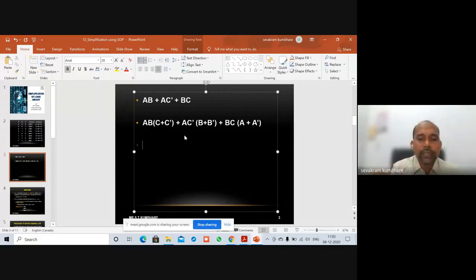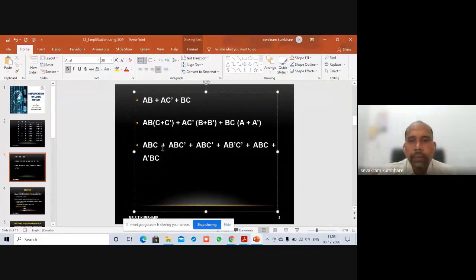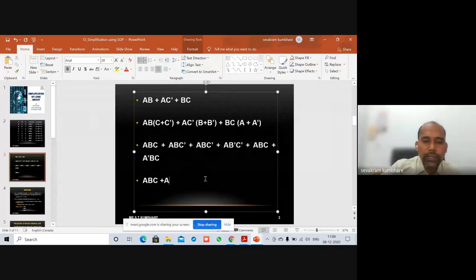Now we can simplify this. If I simplify, I will get ABC plus ABC bar plus ABC bar plus AB bar C bar plus ABC plus A bar BC. Now if you observe, ABC is 2 times, so I can mention it only one time, plus ABC bar is also 2 times.